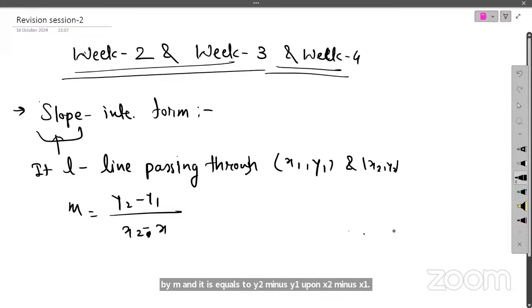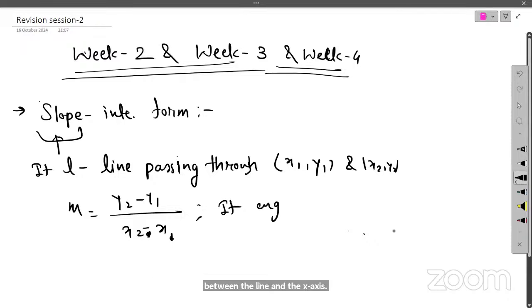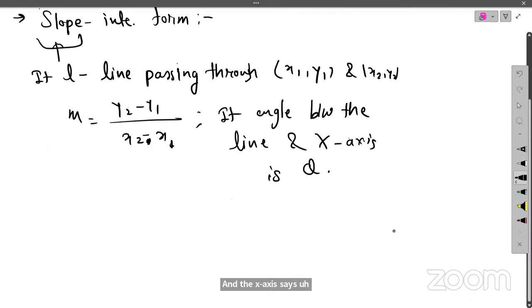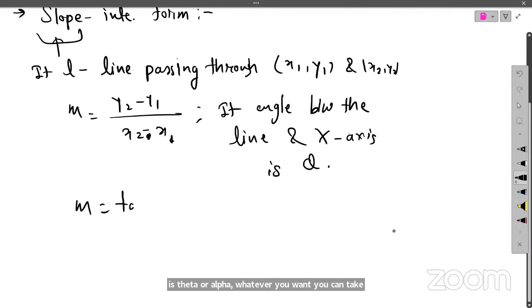We also derived a formula for slope using the angle between the line and the x-axis. If the angle between the line and the x-axis is theta or alpha, whatever you want to take, then slope is also given by tan of theta.